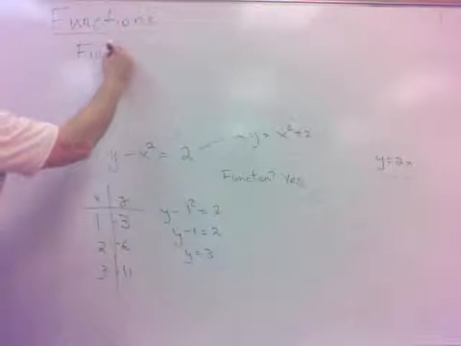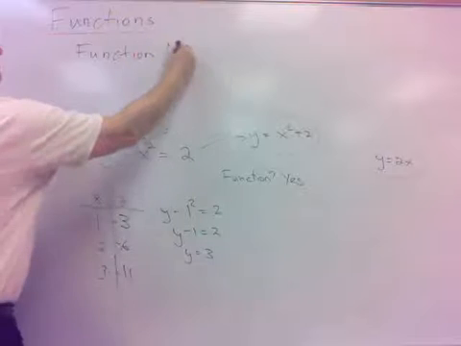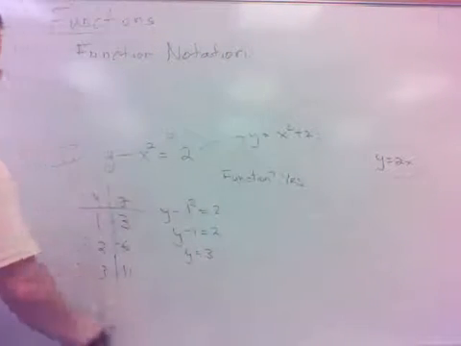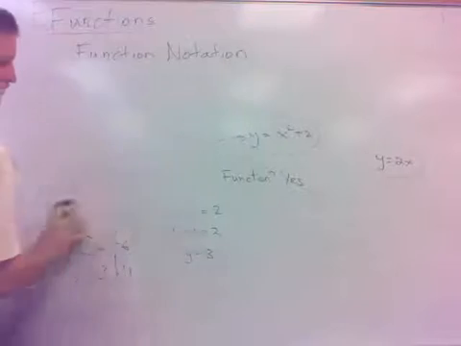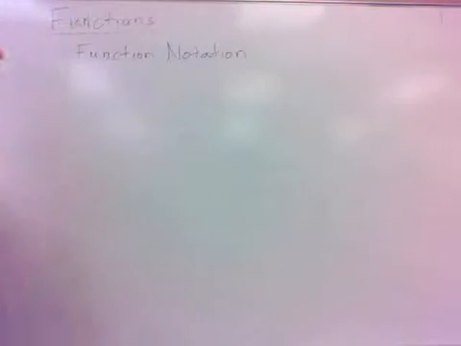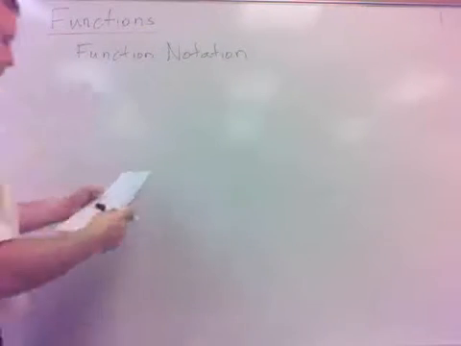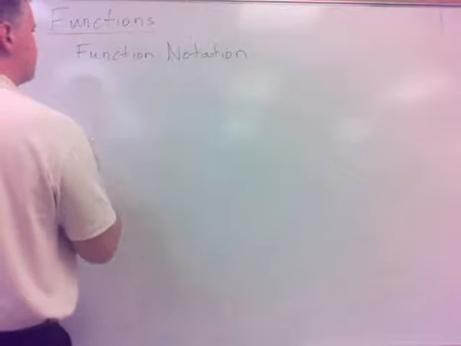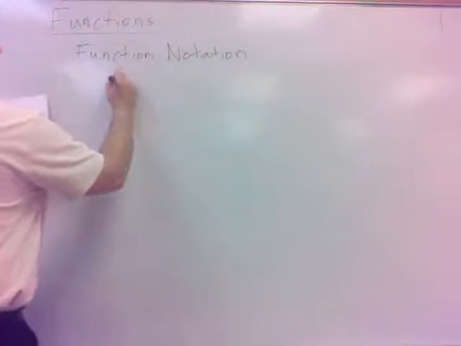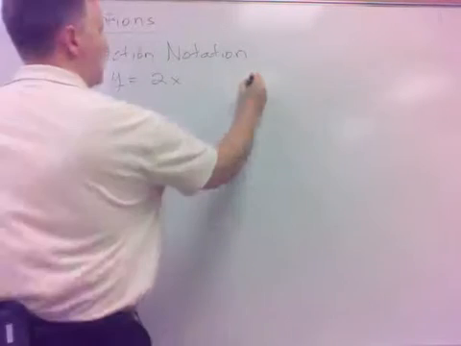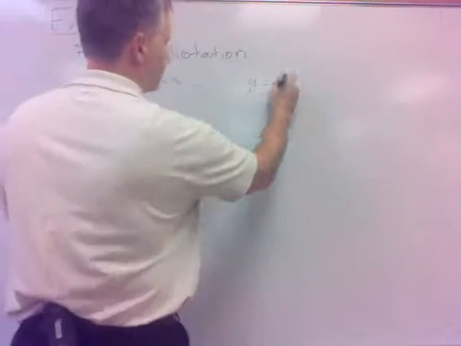Okay, and so for that reason, let's talk about function notation. What function notation does is it takes a function, say y equals 2x or y equals x squared plus 2.